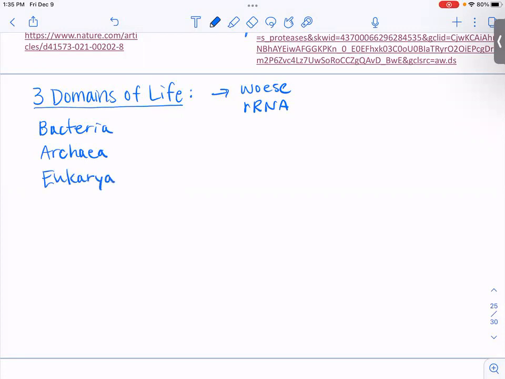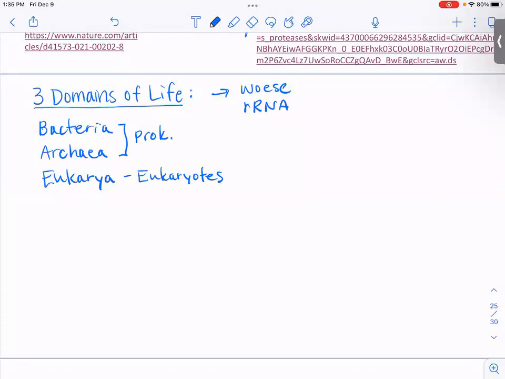So what makes those distinct? The bacteria and the archaea are considered prokaryotes. Prokaryote just means it doesn't have a membrane-bound nucleus, and it doesn't have membrane-bound organelles. And of course, eukarya are our eukaryotes. We spent most of our time this semester talking about bacteria. How are they different than archaea? There are lots of little tiny differences.